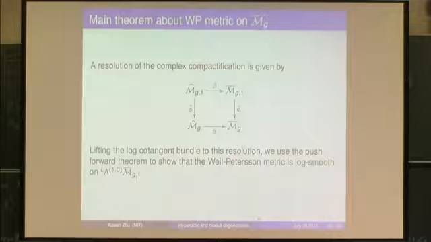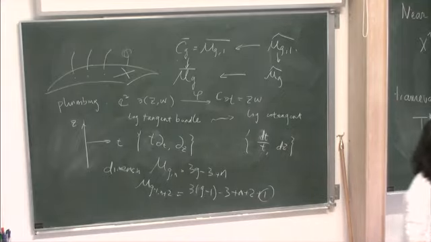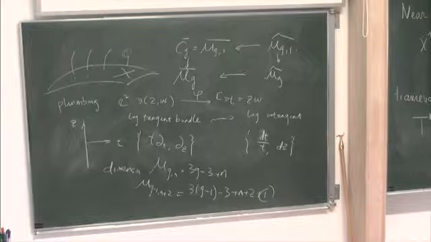Then under this fibration, using a push-forward theorem for the bundle here, we can show that the Weil-Petersson metric is log smooth over the log cotangent bundle I just described, using the expansion of the hyperbolic metric. So that's how we show that the Weil-Petersson metric is log smooth. Okay, I'll stop here. Thank you.